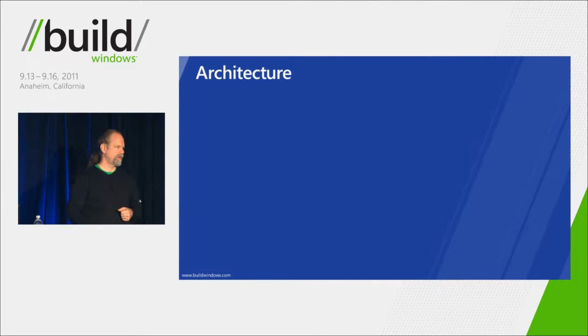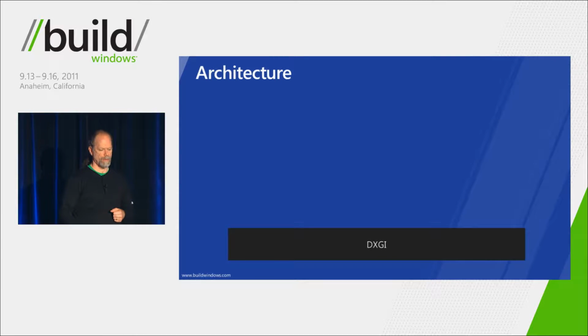So the overall architecture of the DirectX API, I'm going to show a diagram of how it fits into some of the other components that are in the operating system. One of the key elements of the graphics platform is we have an infrastructure layer called DXGI. And that is what amounts to a memory manager for graphics memory.